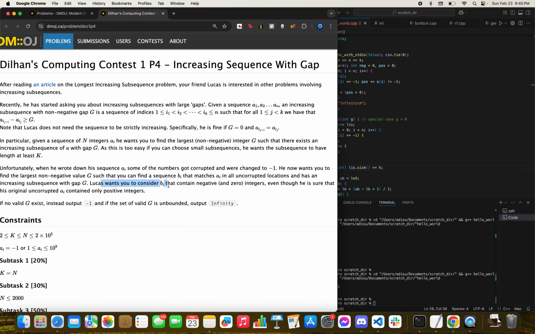Oh, it wants you to consider B_i that contain negative and zero integers. Ah, man. That's actually quite annoying then. Jeez. No, it's not actually. I think it's fine.